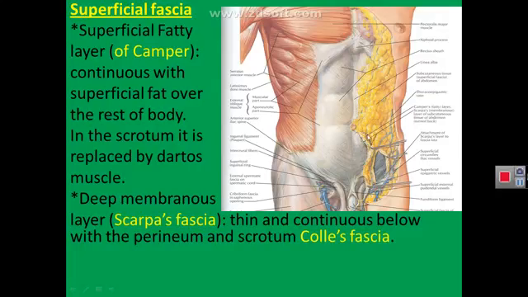This fatty superficial fascia is replaced in the scrotum by a muscle called the dartos muscle. Deep to this fatty layer is a membranous layer, which is Scarpa's fascia. Scarpa's fascia continues with the membranous superficial fascia of the perineum, which is called Colles fascia.